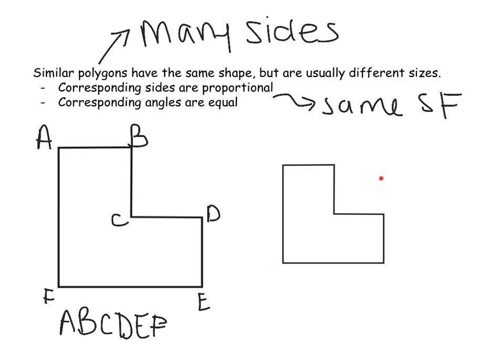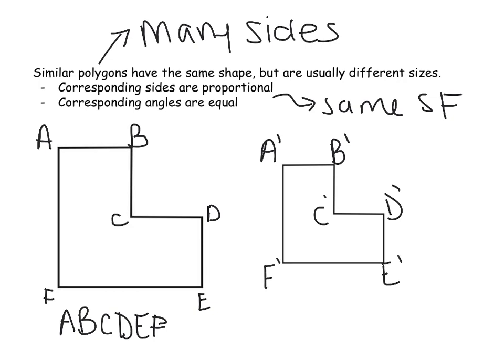Our similar shape or our scale shape, we can also label. And we didn't talk about this yet, but when we're making a copy or a similar version of that shape, we can call it A prime, B prime, C prime, D prime, E prime, and F prime.